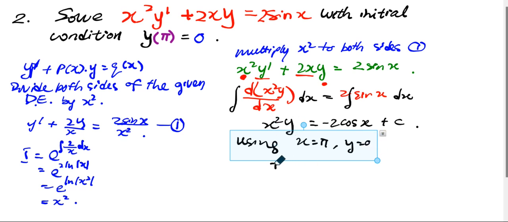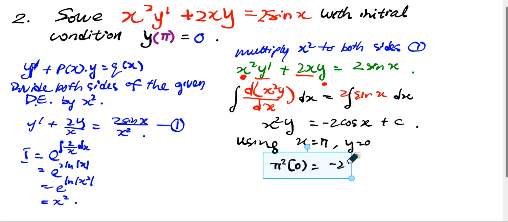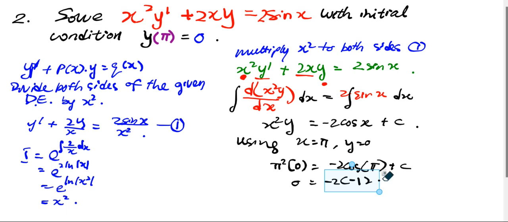So the left-hand side will become pi squared times 0, which is 0, equal to negative 2 cosine pi plus c. Cosine pi is negative 1, so 0 equals 2 plus c. Therefore, c is equal to negative 2.